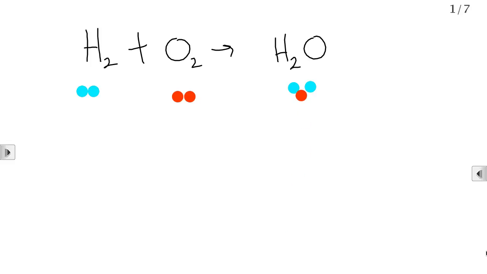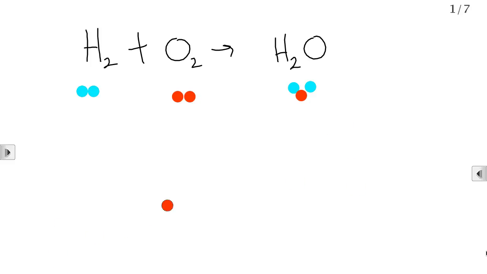So is the law of conservation of matter being demonstrated here? No. So if I want to balance this equation, or make sure that I have the same reactants as products, what do I need more of?